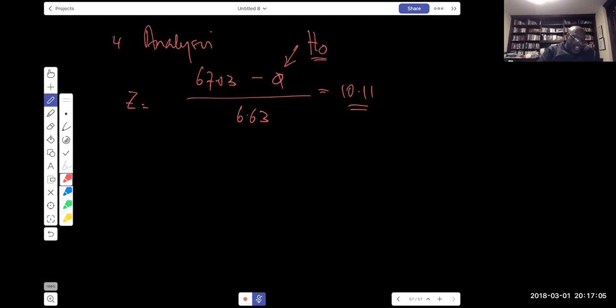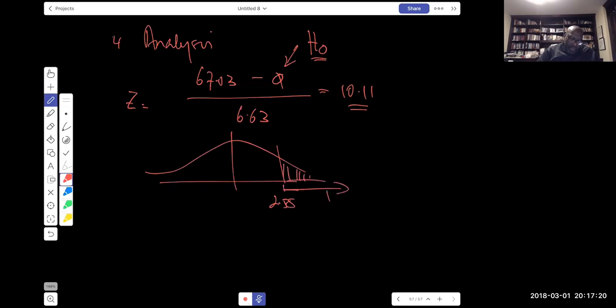We get the Z value right here, 10.11. If I draw this diagram, we know that our critical value is 2.58, and as long as we're in this region right here, we're rejecting the hypothesis. So 10.11, we could just draw it somewhere down here.